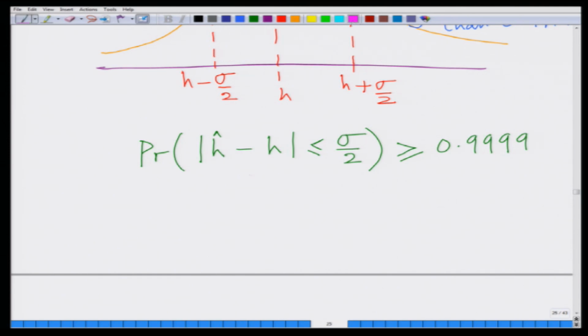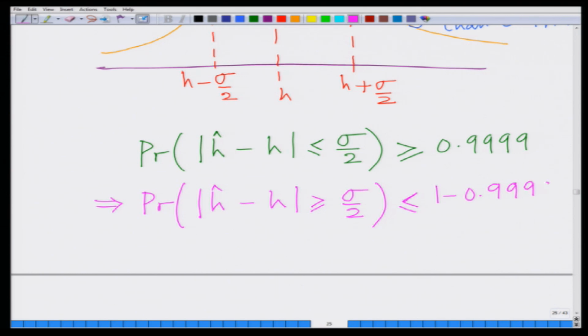That implies the probability that it lies outside this radius, H hat minus H greater than or equal to sigma by 2, should be less than 1 minus 0.9999, that is 0.0001.